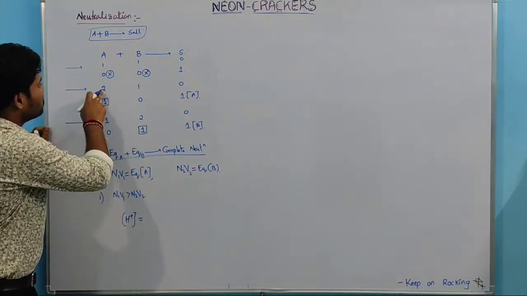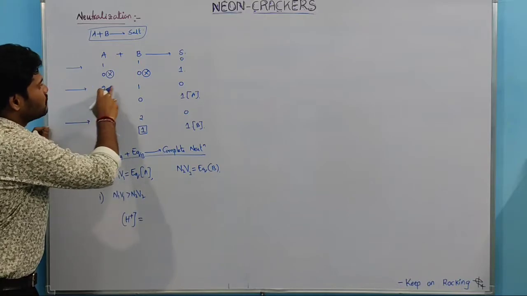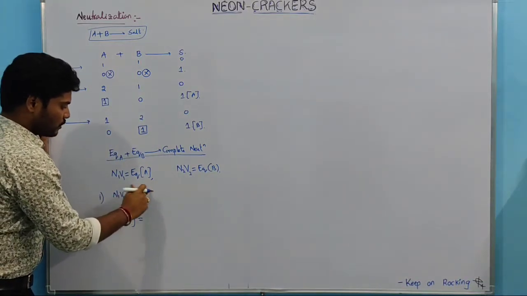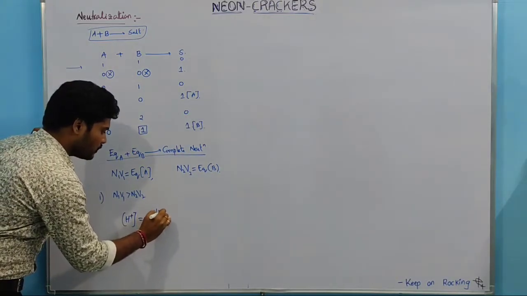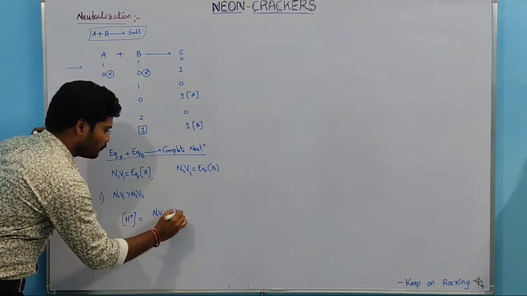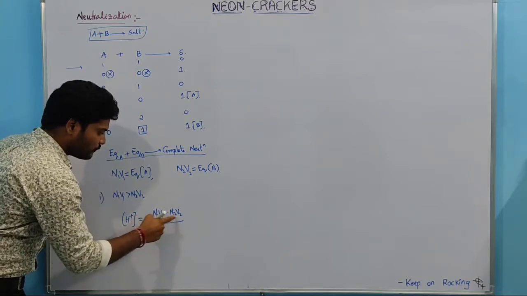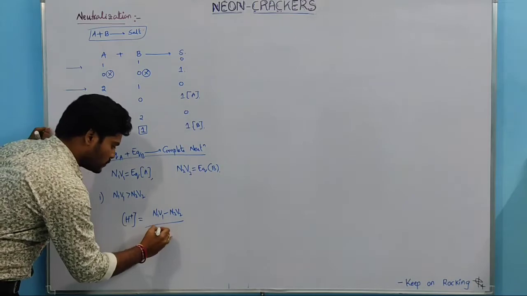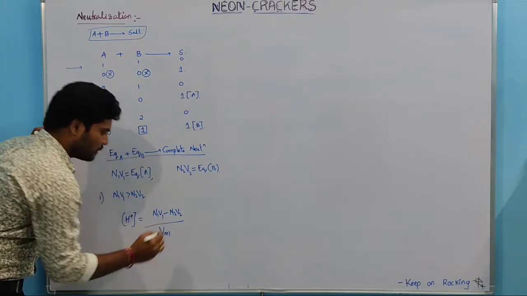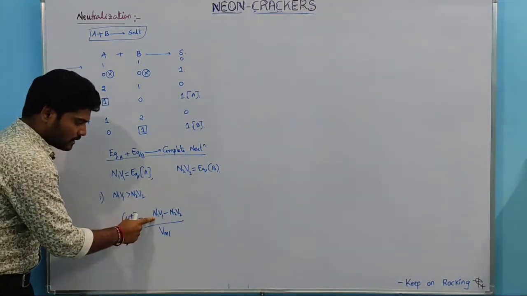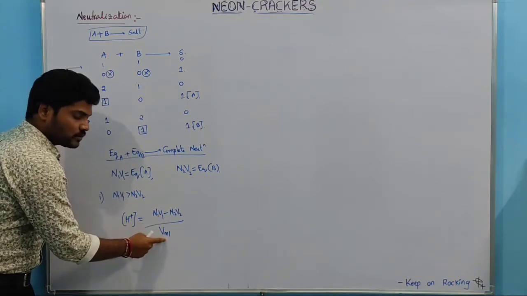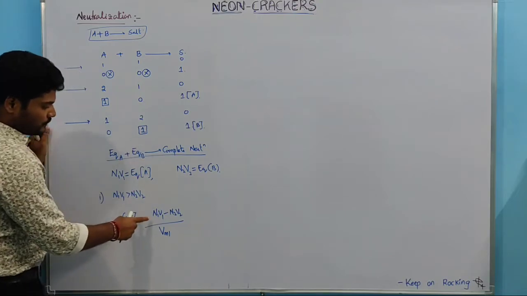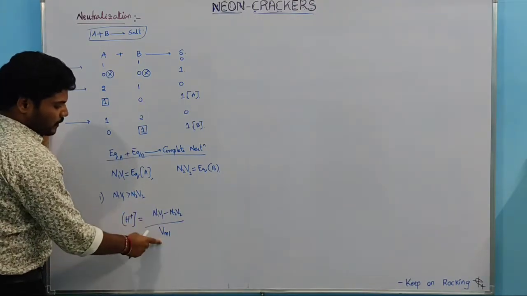To find it, take the milliequimoles of acid minus base, that is higher minus lower: N1V1 minus N2V2. If the volume is in ml, it gives milliequimoles, so the volume should be in ml. If you take normality with liters, then it should also be liters. So the H plus ion concentration equals higher minus lower upon V in ml.